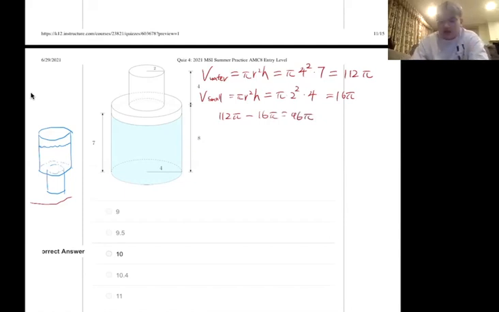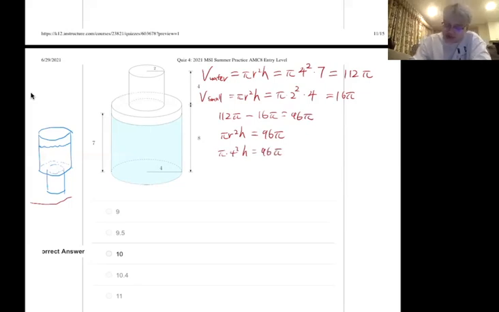And we will calculate how much space of the big cylinder this much water will fill up. Let's make an equation here. Pi r squared h equals 96 pi. And the big cylinder has a radius of 4, so pi times 4 squared h equals 96 pi.